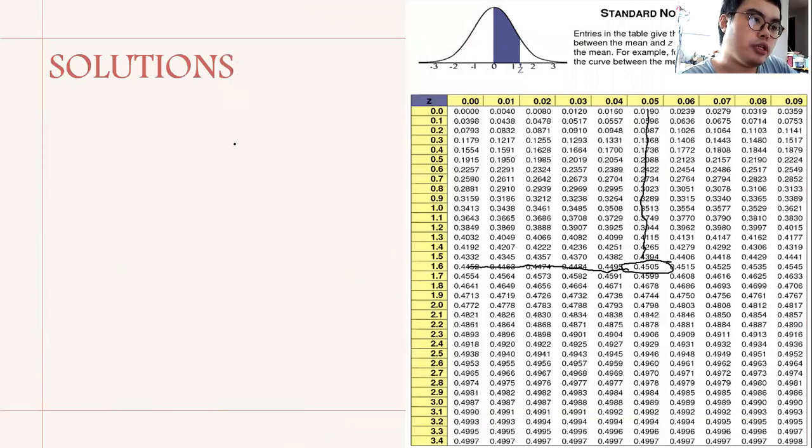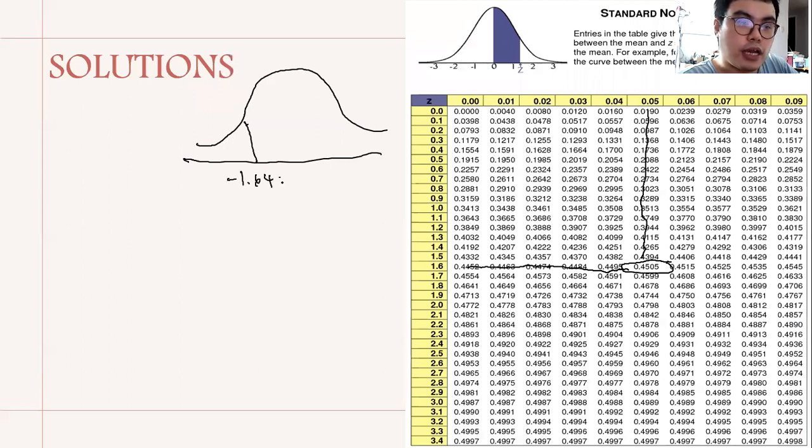So we're going to construct this curve. This is negative 1.645. Now we're going to compute step 4, the Z test statistic.